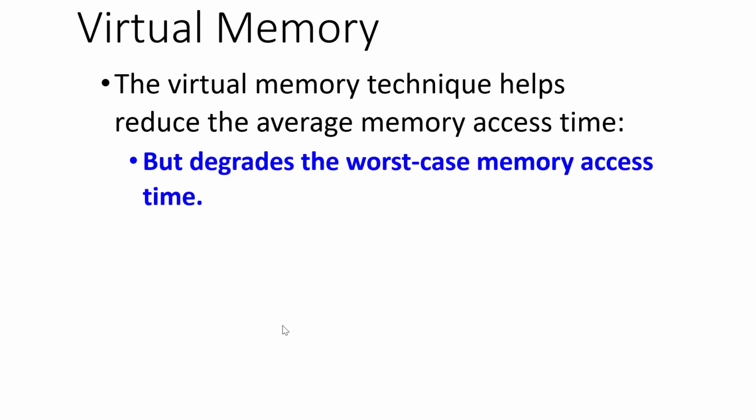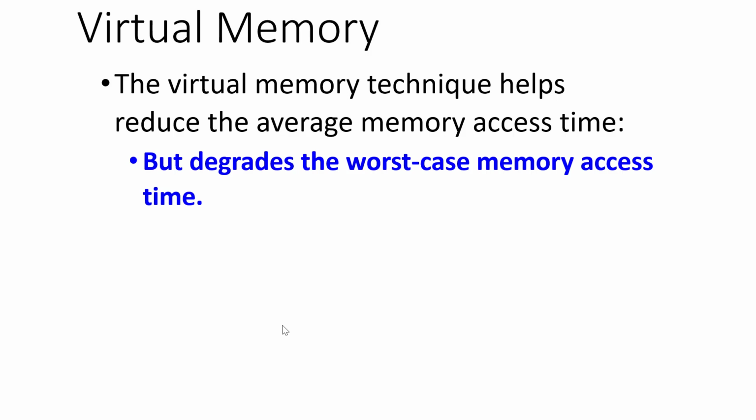So virtual memory does help reduce the average memory access time in a lot of cases, particularly when the amount of memory that we need is more than the amount of physical memory. But that said and done, virtual memory, at least nowadays, is seen more as a security feature and a correctness feature.